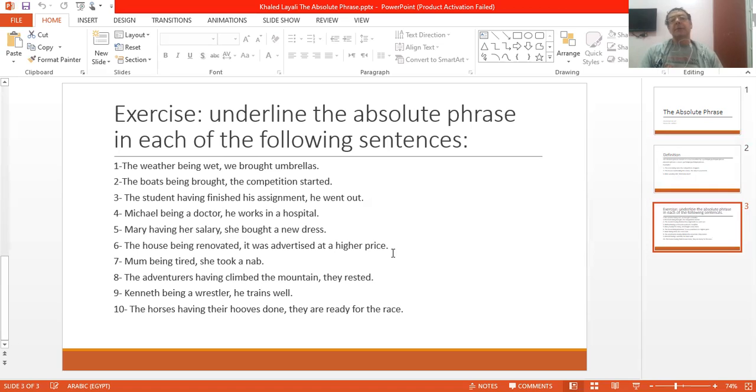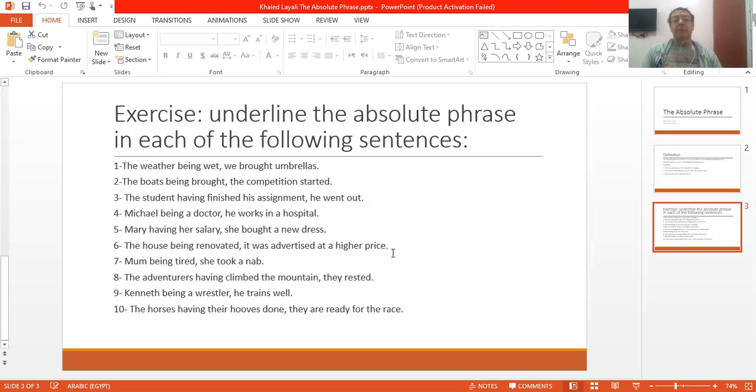Okay, let's look at sentence number six. The house being renovated, it was advertised at a higher price. The house, that is a definite article. House is a noun. Being renovated is a participial, and it modifies the noun house. So the house being renovated is an absolute phrase.